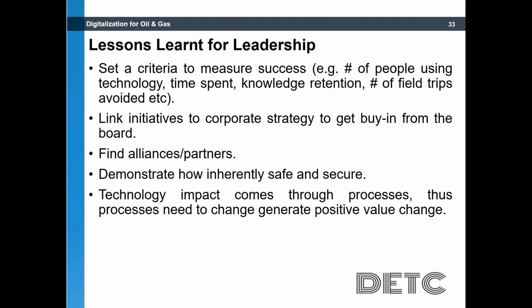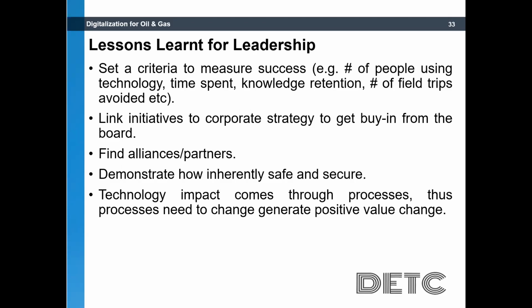As far as leadership, there is a need for metrics and KPIs to monitor the progress made for digital transformation and connect the digital transformation to the corporate strategy to get the board of directors' support. There is no one-man show that can do it all.